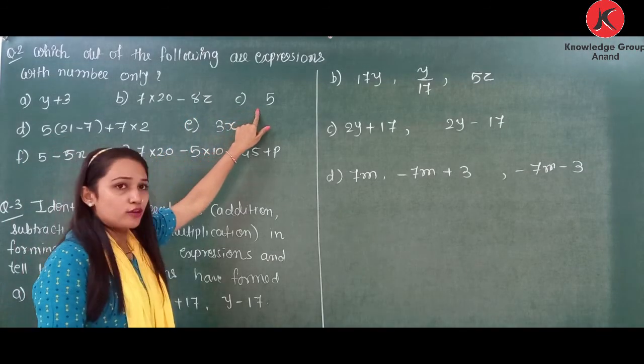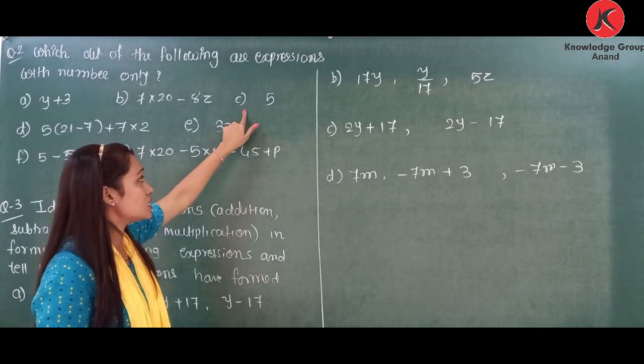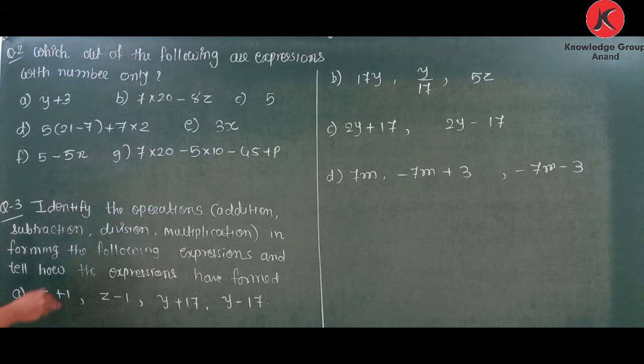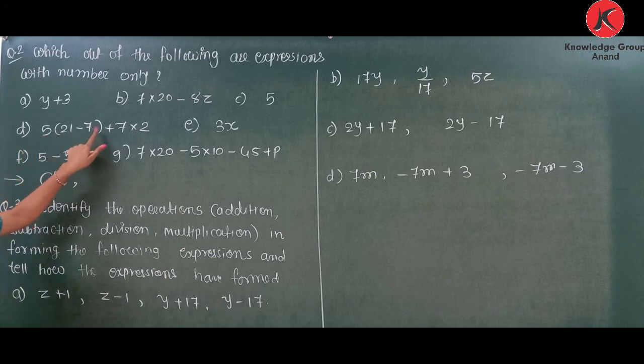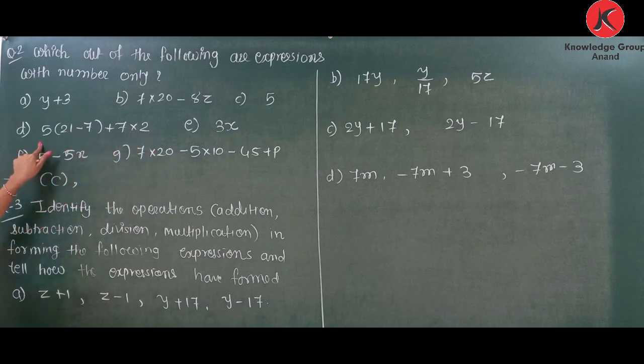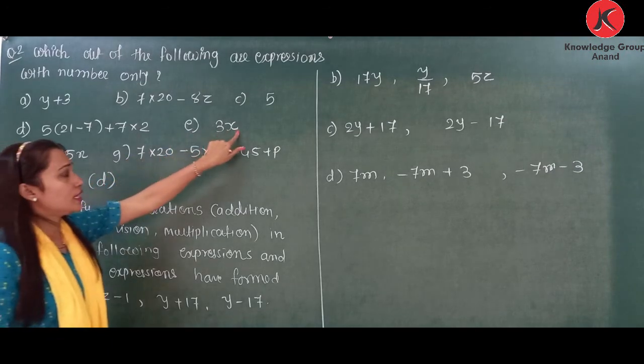C is 5. So here in C there is no variable, so this is an expression with numbers only, so our answer is C. D is 5 inside the bracket, 21 minus 7 plus 7 multiplied by 2. Now you can see here all are numbers, so D is also an expression with numbers only. Next, 3x.